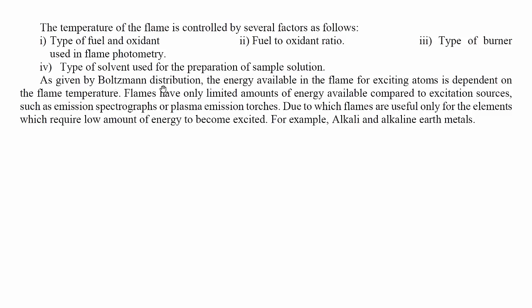As given by the Boltzmann distribution, the energy available in the flame for exciting atoms is dependent on the flame temperature. Flames have only limited amounts of energy available compared to excitation sources, such as emission spectrographs or plasma emission torches, due to which flames are useful only for the elements which require a low amount of energy to become excited. For example, alkali and alkaline earth metals.